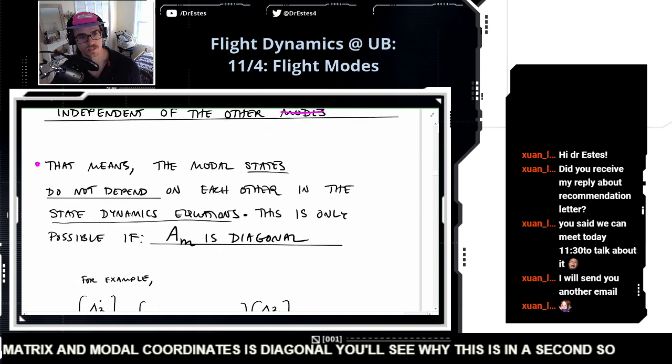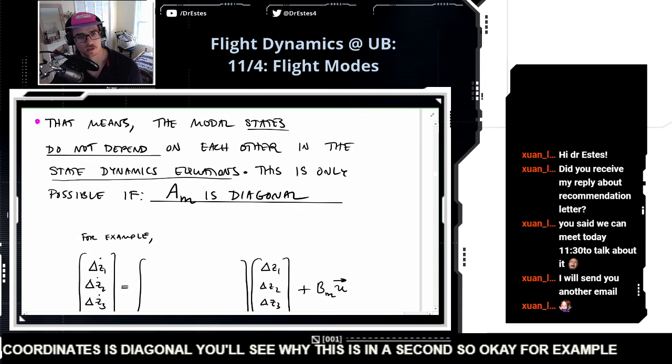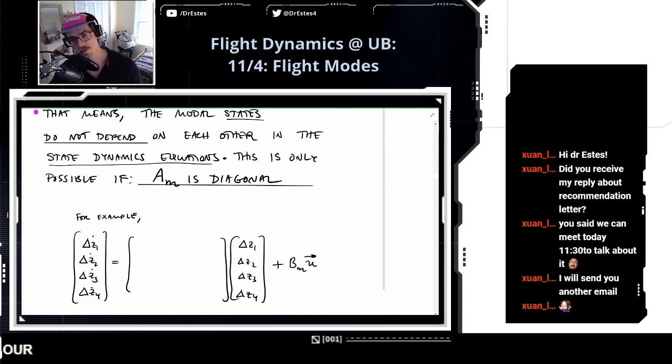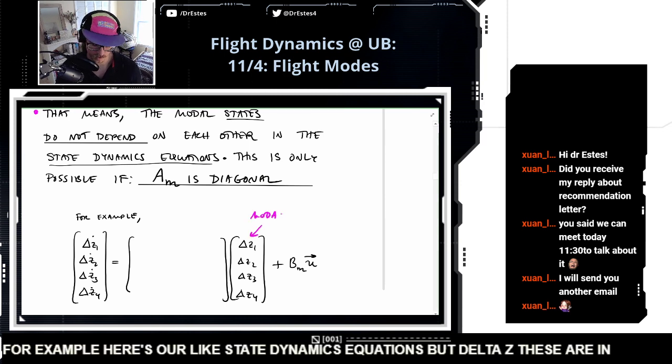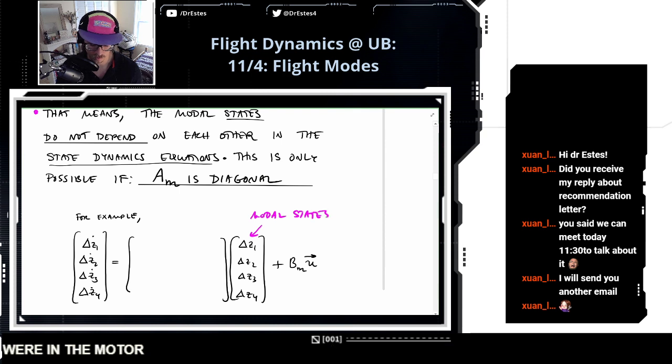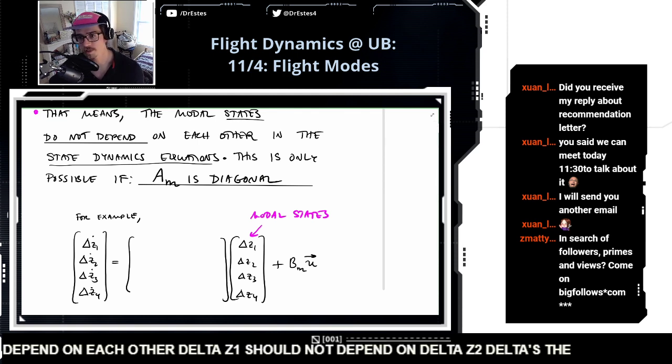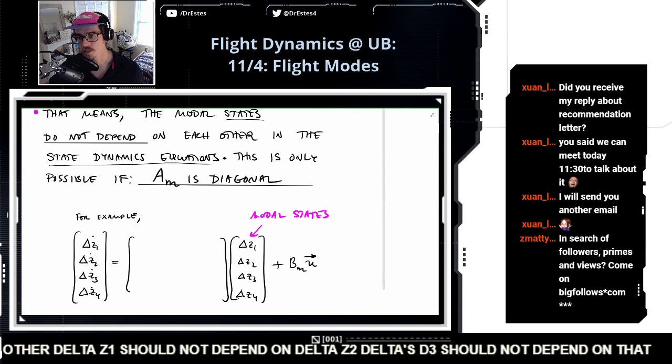So, for example, here's our state dynamics equations, but delta z, these are our modal states. So we're in the modal space right now. And these dynamics should not depend on each other. Delta z1 should not depend on delta z2. Delta z3 should not depend on that, and so on.